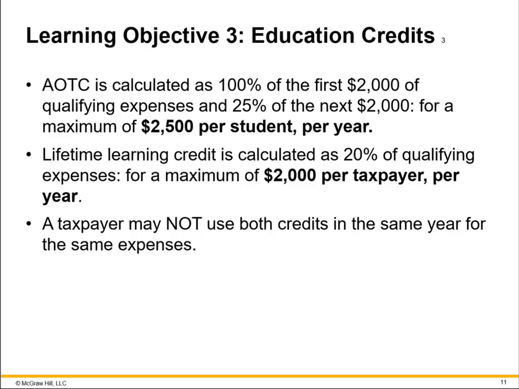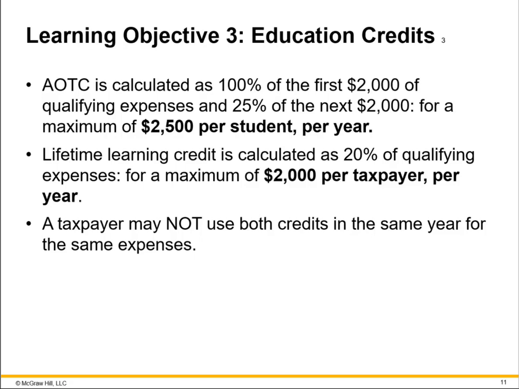So if I have 2 dependents that are both in school at the same time, I can do the American Opportunity Credit for each one. If I paid 4,000 for one and 4,000 for the other, then I have a credit of 2,500 for one and 2,500 for the other. So I could have multiple credits for multiple students.